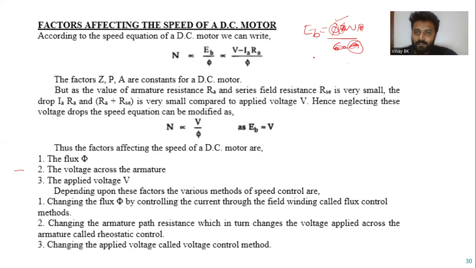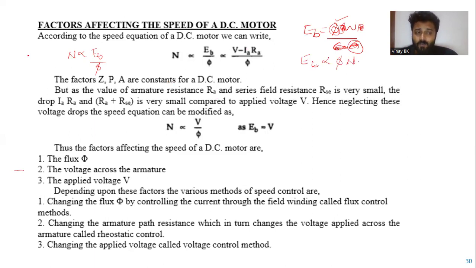With reference to that, you can say EB is directly proportional to phi and N. With the help of this, you can write speed is directly proportional to EB and inversely proportional to phi. EB means back EMF, and the equation depends on the type of DC motor. If it is a DC shunt motor, EB is V minus IARA, and flux is constant.